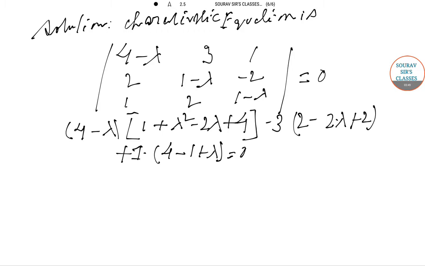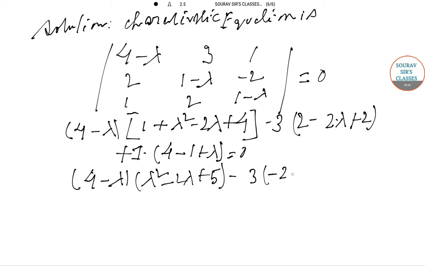Then 4 minus lambda into lambda square minus 2 lambda plus 4, minus 3 into minus 2 lambda plus 4, right?